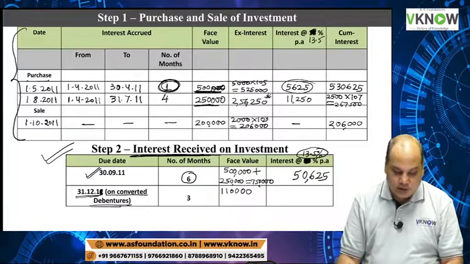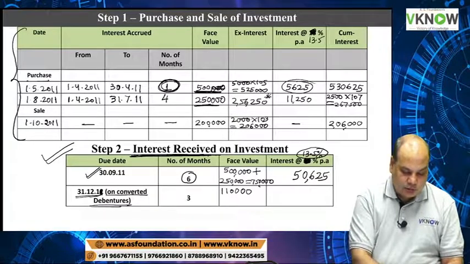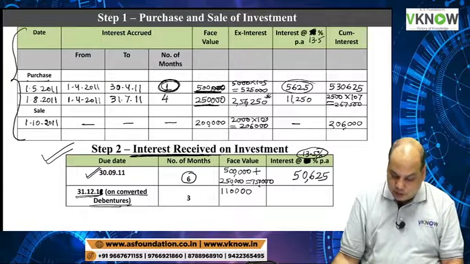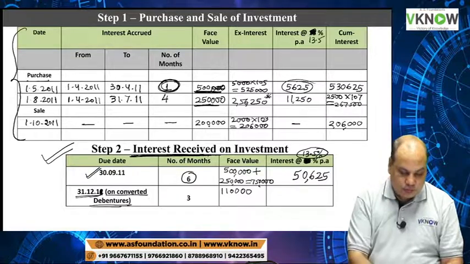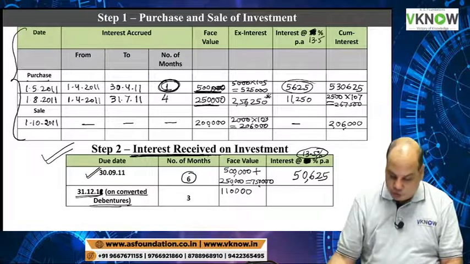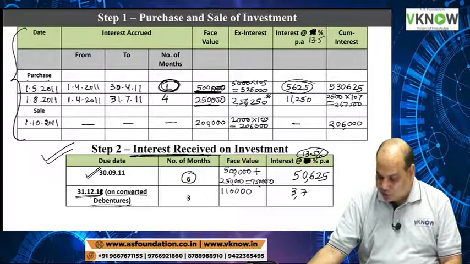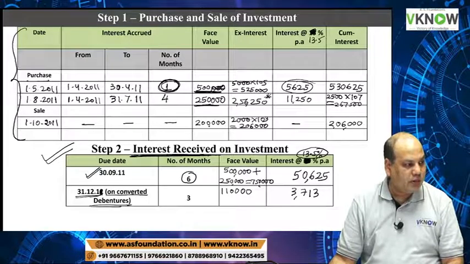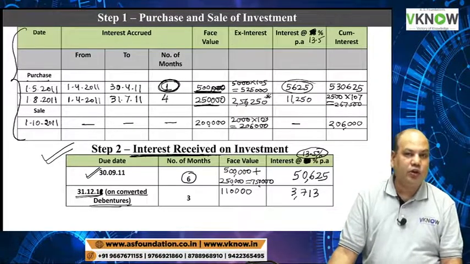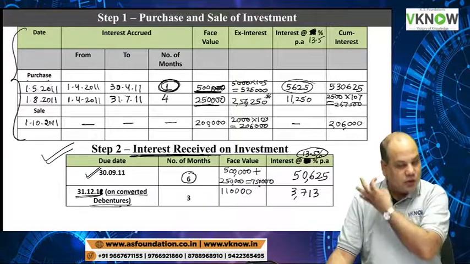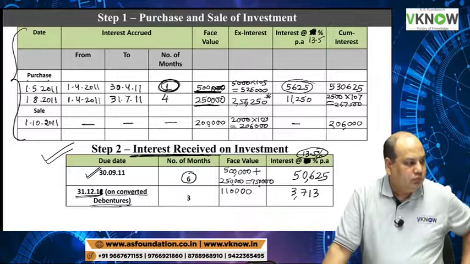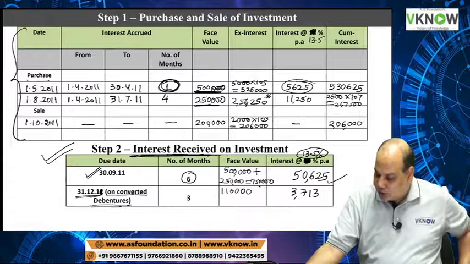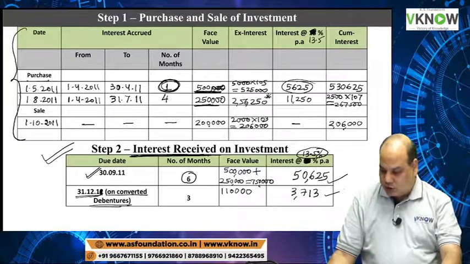On 1,10,000 into 13.5% divided by 4, you will get something around 3713 rounded off. 3 months only on this debenture. So these are the interest received.